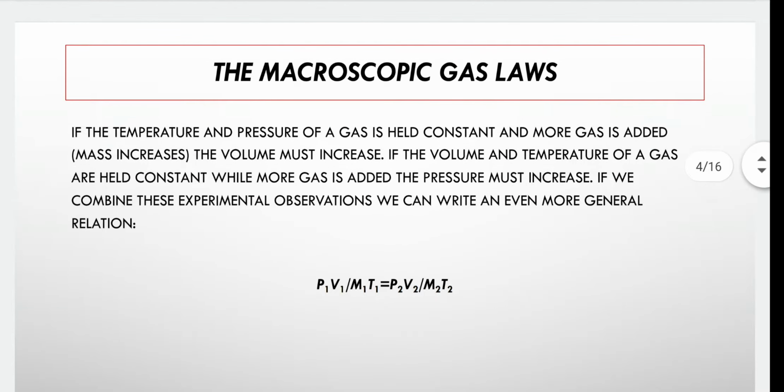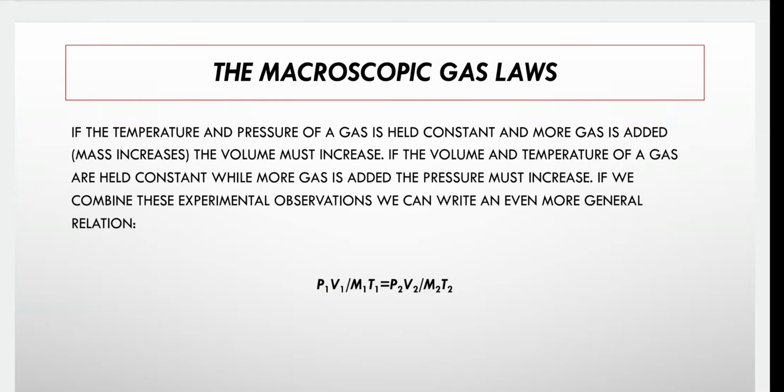Today we have to understand that if the gas is at a constant temperature and pressure, and we add some amount of gas, the mass of this gas will increase, which means the volume will also increase. So the relation can be different.